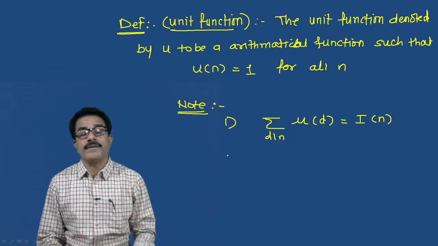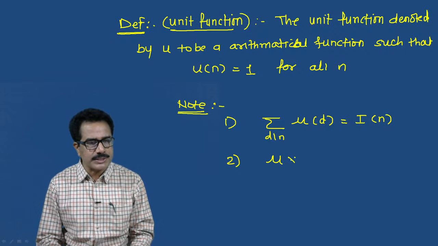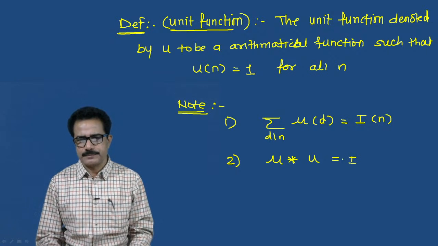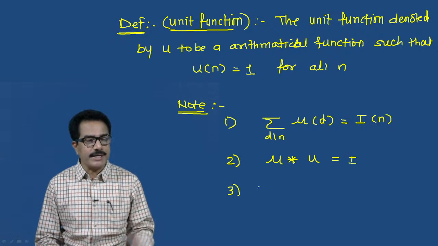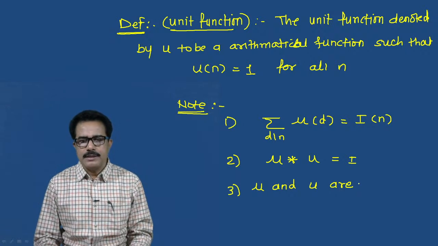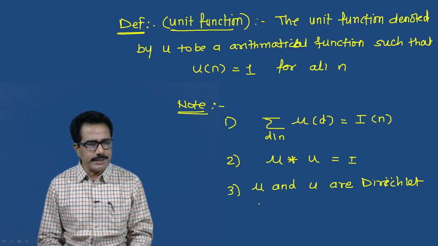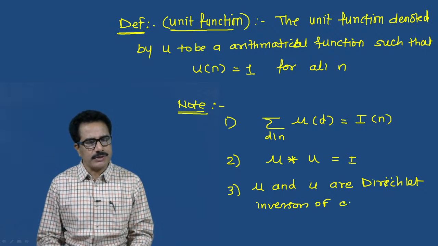Then, in terms of the multiplication function, mu star u is equal to I. So we can write this as: mu and u are Dirichlet inversions of each other.